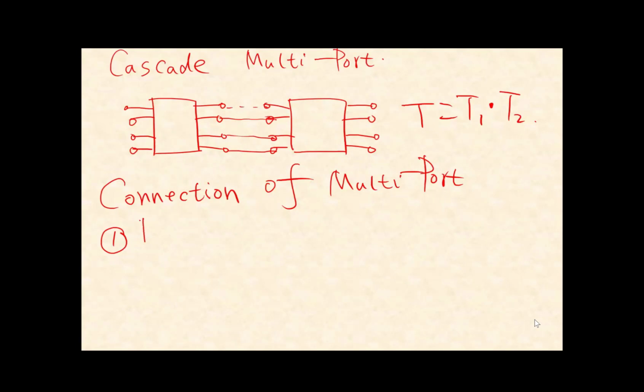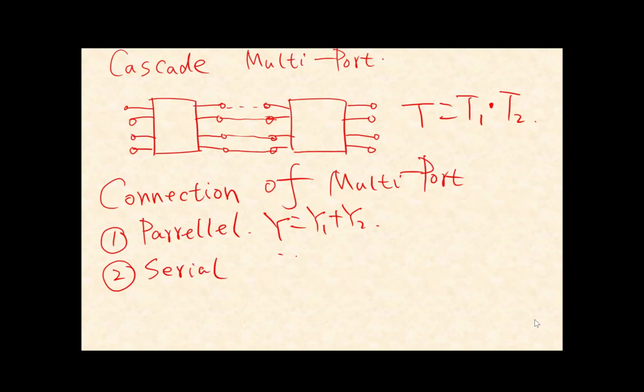First, parallel: use Y to express, Y1 plus Y2. The second is serial: use Z to express, Z1 plus Z2. And the third is hybrid connect: use H to express.